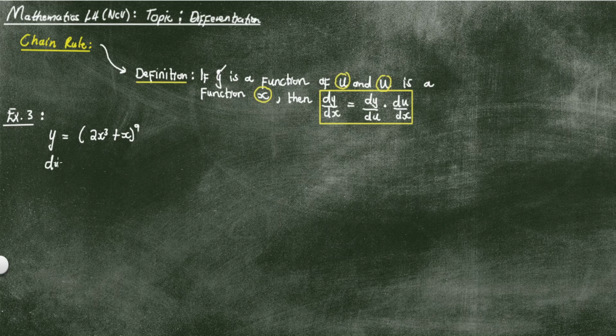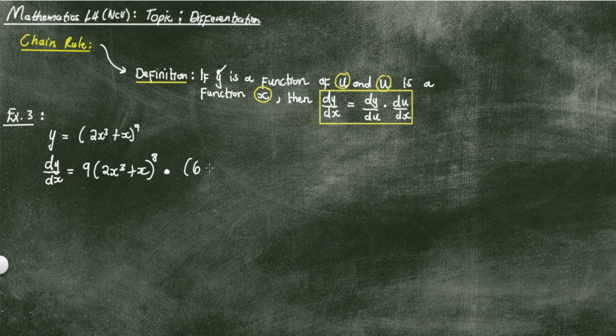So dy with respect to x is equal to 9 times 2x cubed plus x raised to exponent 8, because 9 take away 1, I'm left with 8, multiplied by, then we differentiate whatever is inside the bracket.